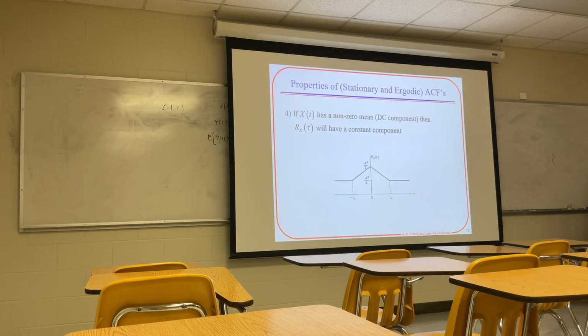Okay, now this is important. I didn't talk about this property. If you think about the autocorrelation's definition, it's x of t times x of t plus tau, right?